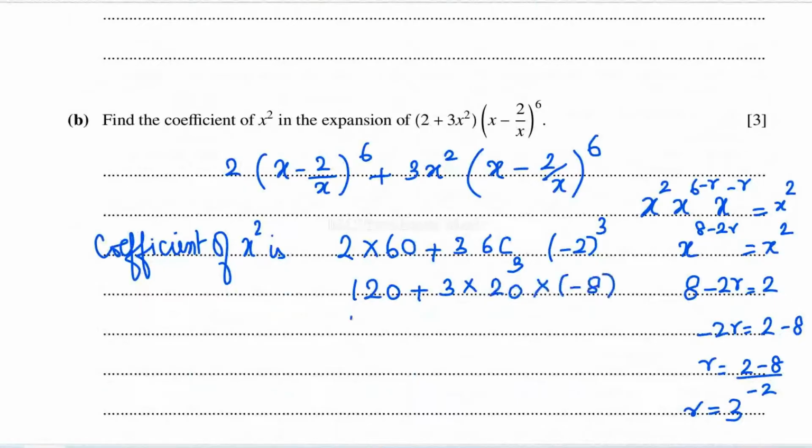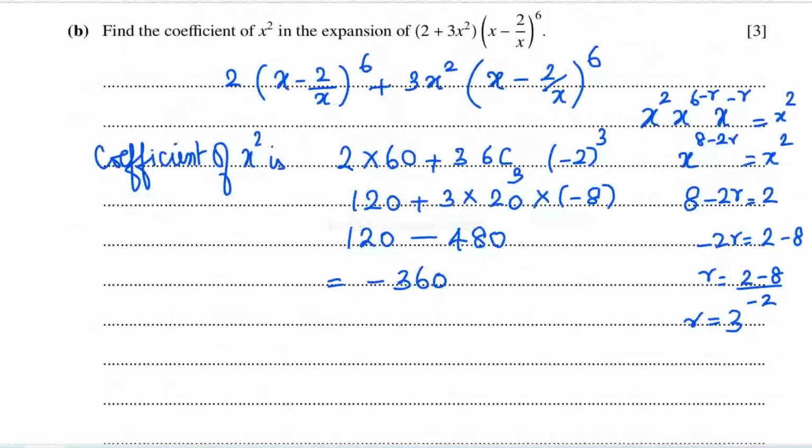So 120 minus 480, which gives minus 360. So the coefficient of x square is minus 360.